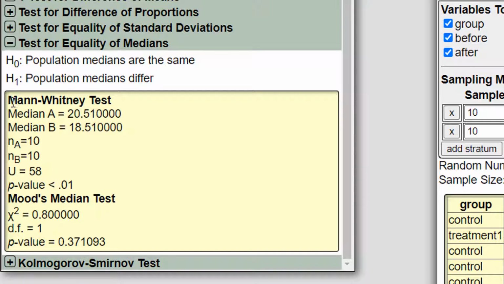The Kruskal-Wallis test generalizes the Mann-Whitney test to more than two samples. But anyway, it's given, and then Mood's median test uses an approximation of a chi-square distribution. Mood's median test is looking at whether the proportion that are greater than the median for the two groups is significantly different.